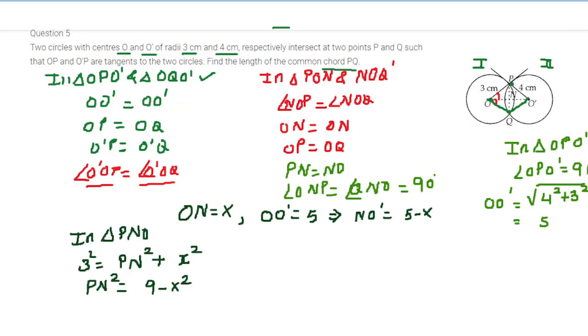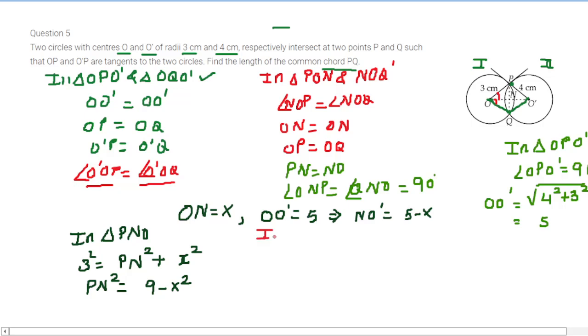Now we will take triangle O dash PN. Again, it's a right angle triangle. So PN square will be equal to 4 square minus 5 minus x square.